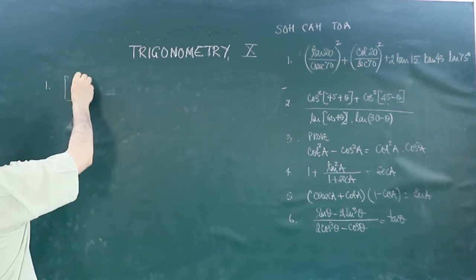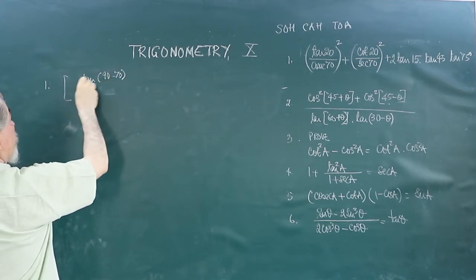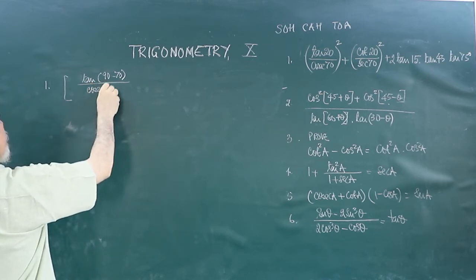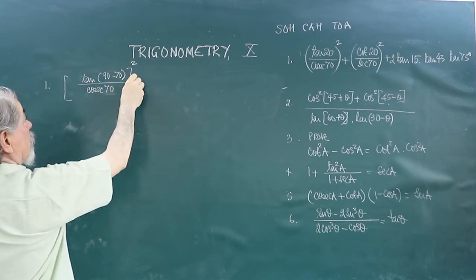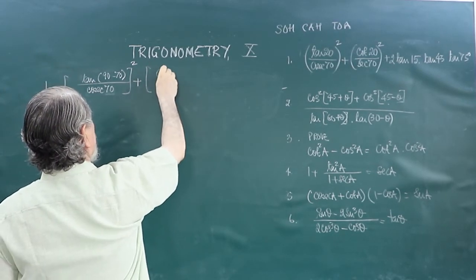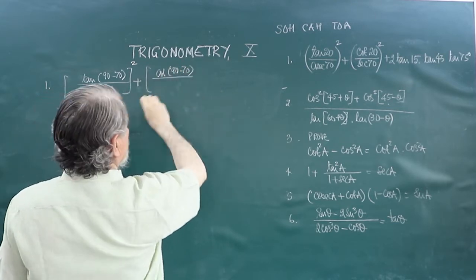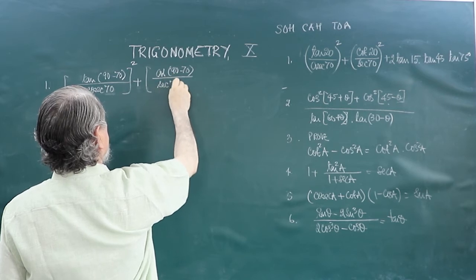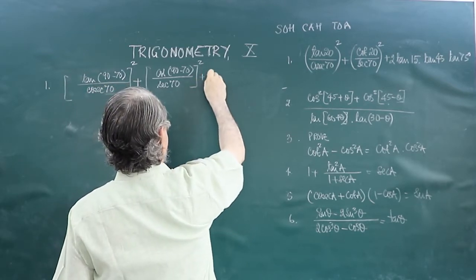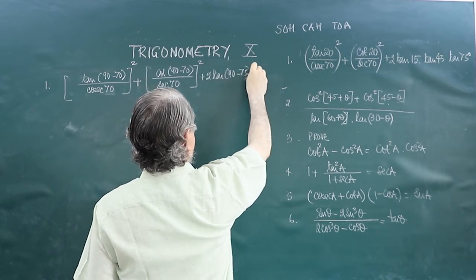Like I'll write tan 90 minus 70. Let's write it to be tan 90 minus 70 upon cosec 70, cosec 70 to the power 2, plus again it is cot 20, so I can write as cot 90 minus 70 upon sec 70 whole square, plus 2 tan 15, again I can write it as tan 90 minus 75, and tan 45 is 1.